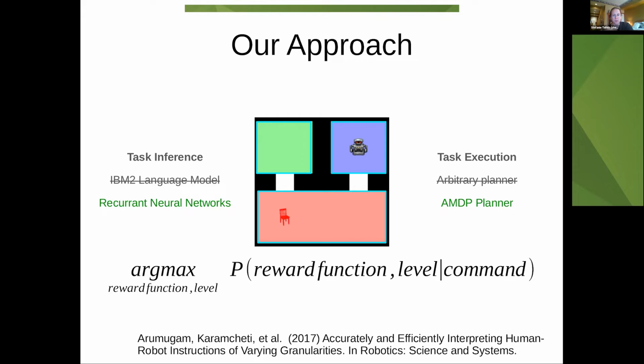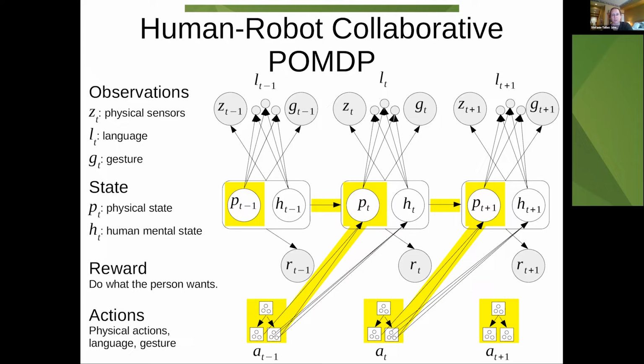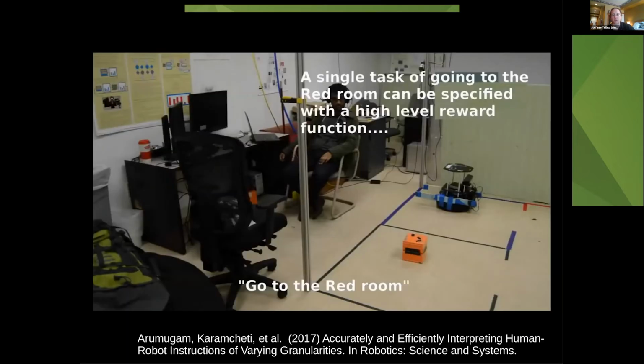And we showed that using this framework, we're able to understand these kinds of commands that are given at different levels. So going back to the POMDP model, you can see that the action space is now being represented hierarchically because we're representing these different levels of abstraction and then giving the language model a way to hook into those levels of abstraction. So here's what it looks like.